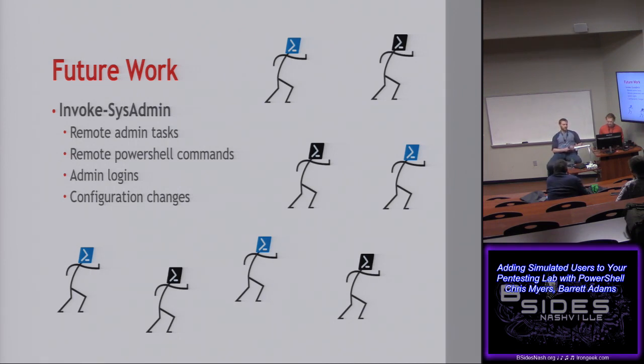So we want to try to do something similar to Invoke-UserSim, but more sysadmin tasks, legitimate remote PowerShell commands, administering logins, different configuration changes. So if someone's making a GPO setting update or going in and changing a bunch of registry keys, when an attacker might be doing that for persistence, it might be a legitimate sysadmin activity as well.